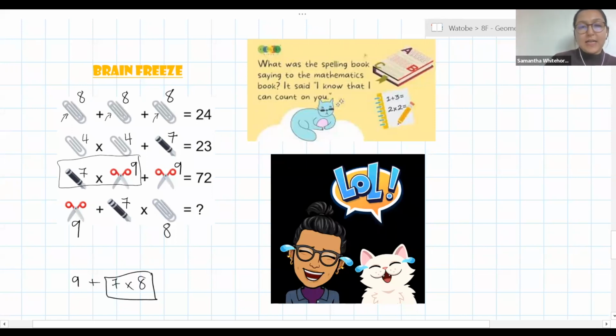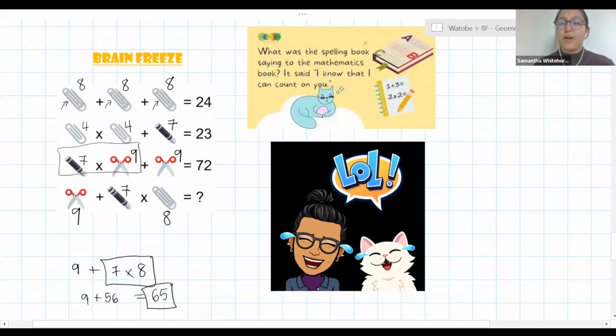Exactly. First, we do the multiplication. That's a horrible square, I do apologize. So we first say 7 times 8, which gives us 56. And then only do we add the 9. And I feel like I should have written this the other way. So 9 plus 56, and exactly, this gives me 65. So the answer for the last one is 65. And that's really important. We need to use our correct order of operations. Well done.